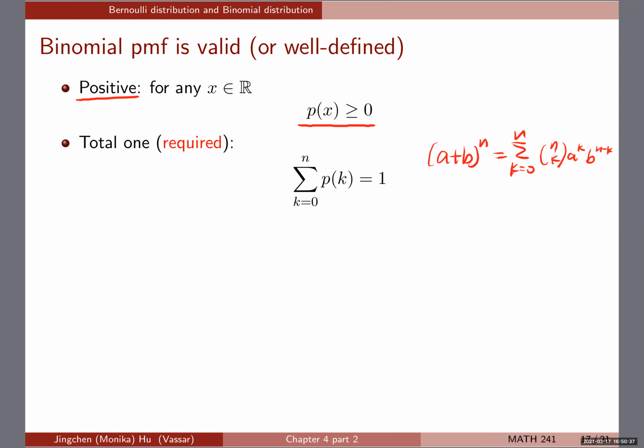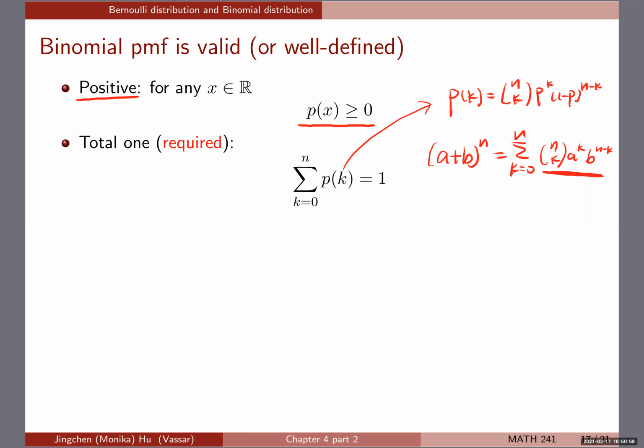We brought it back earlier as well, because this looks very much like the p_k, right? For the binomial distribution, p_k is n choose k, p to the power of k, and 1 minus p to the power of n minus k.